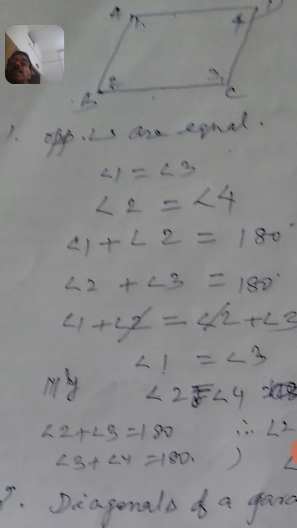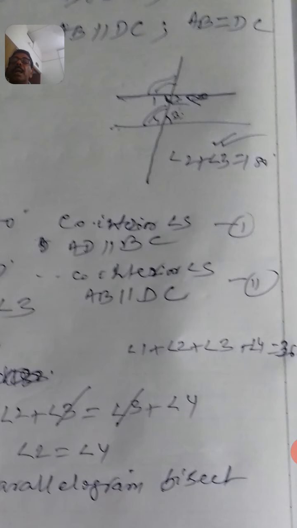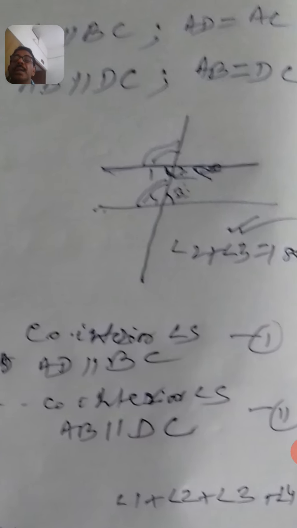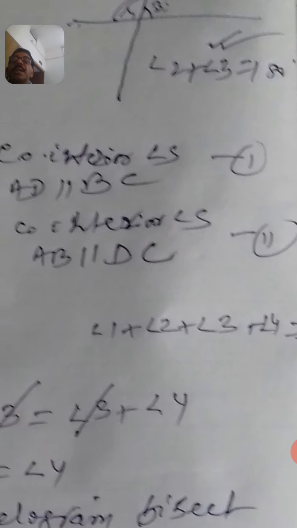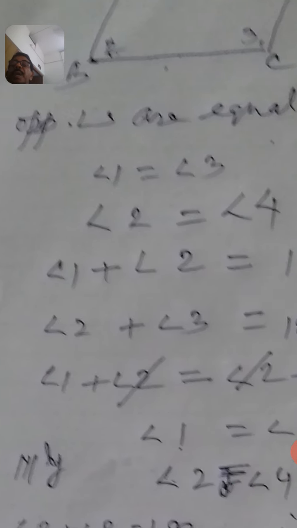First of all, for this you have to know about parallel lines: two lines which are parallel and they are intersected by a line called a transversal. The co-interior angles, that is interior angles on the same side of the transversal, are supplementary, that is angle 2 plus angle 3 is equal to 180 degrees. This property we will use to prove that the opposite angles are equal.